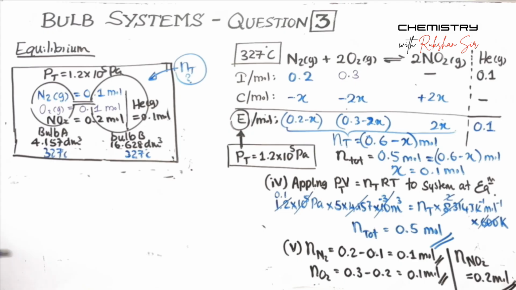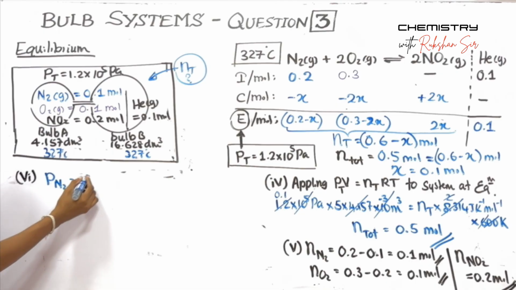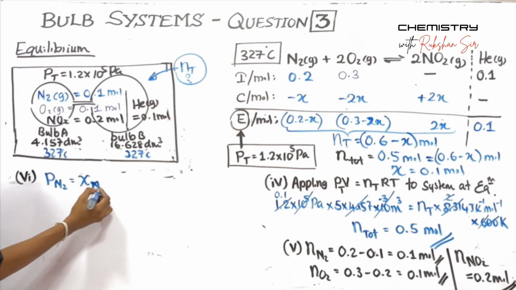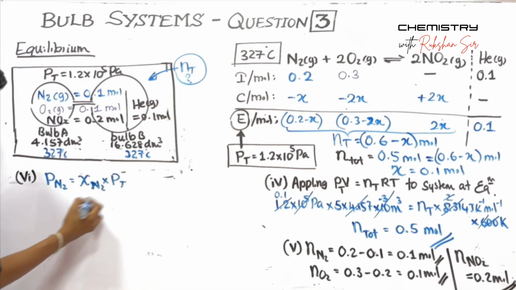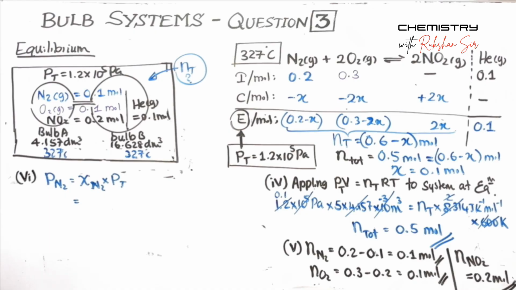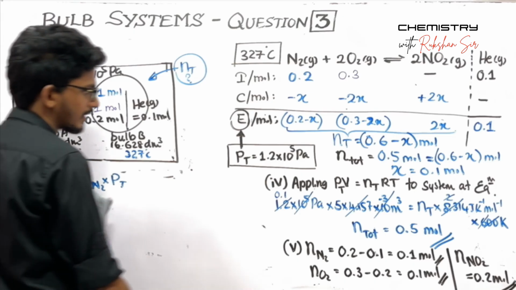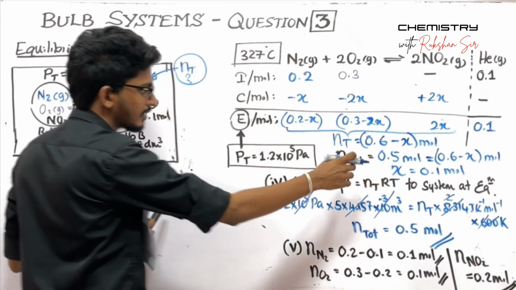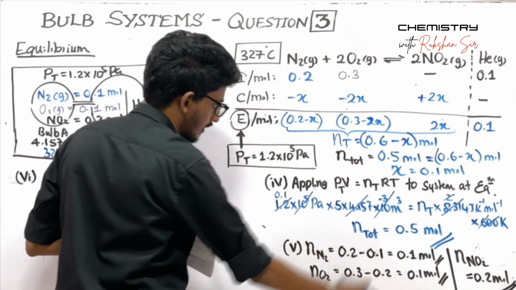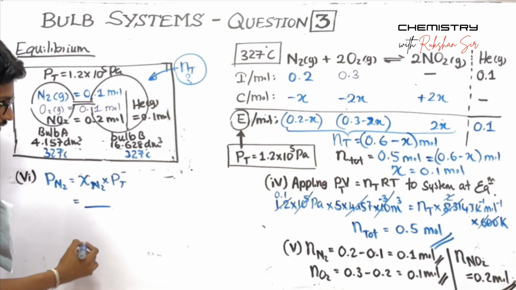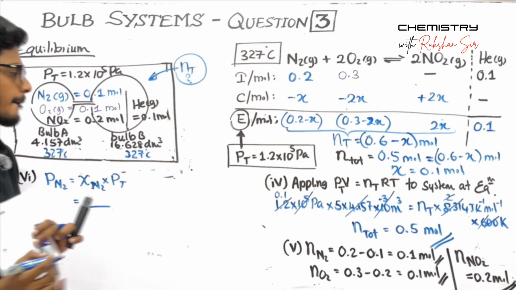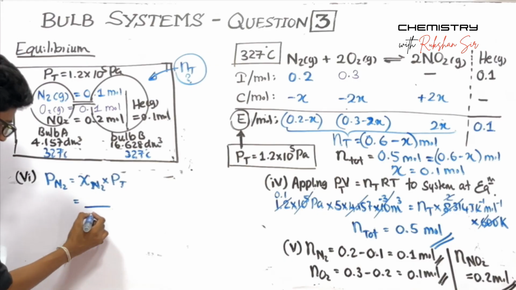Right. So let's copy the partial pressures of N2, O2 and NO2, right? So Roman number 6. So partial pressure of N2 is equal to mole fraction of N2 into P total. The total number of moles is 0.5.